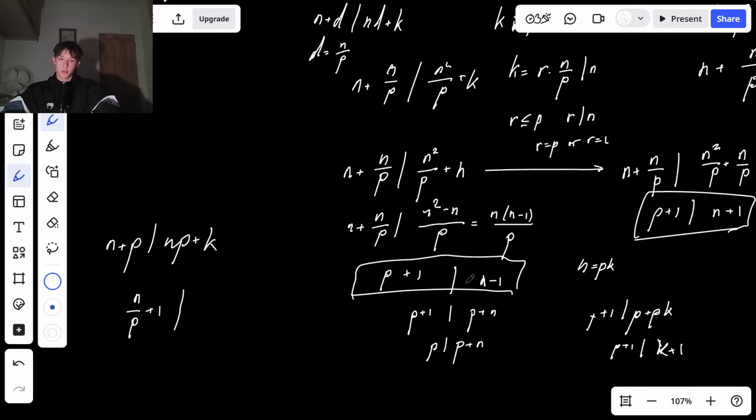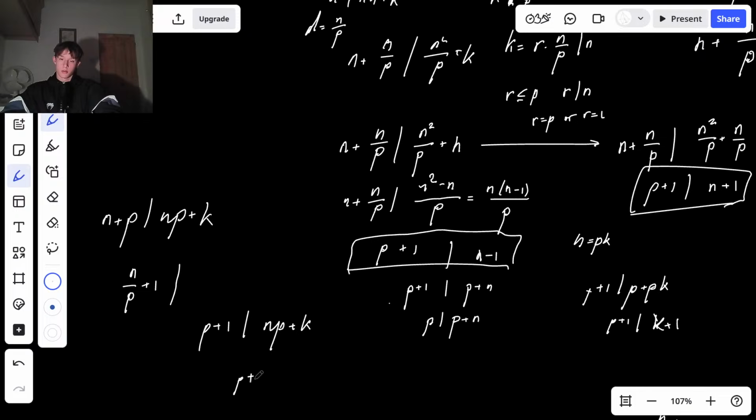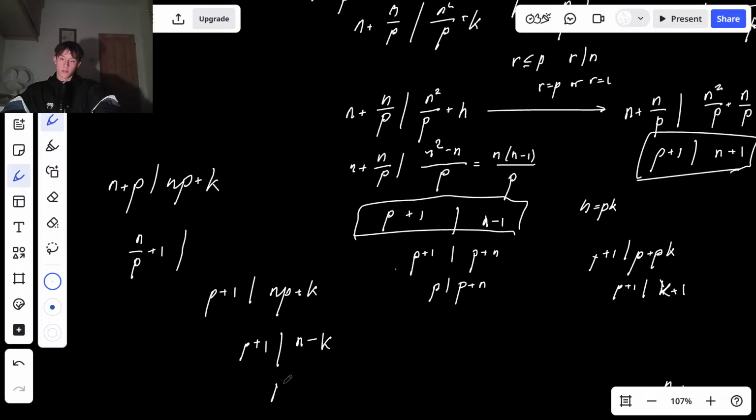If p plus 1 divides n minus 1, then p plus 1 divides p plus n, and we would get that p plus 1 divides np plus k, which is equivalent to p plus 1 dividing n minus k. Then p plus 1 should divide k.